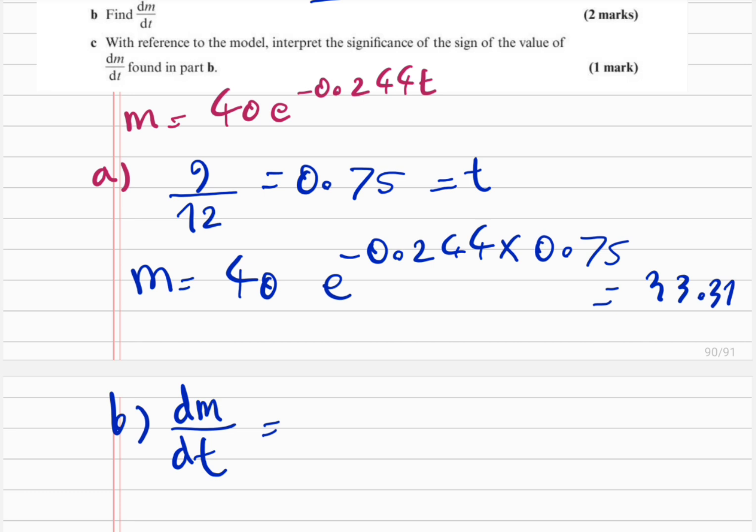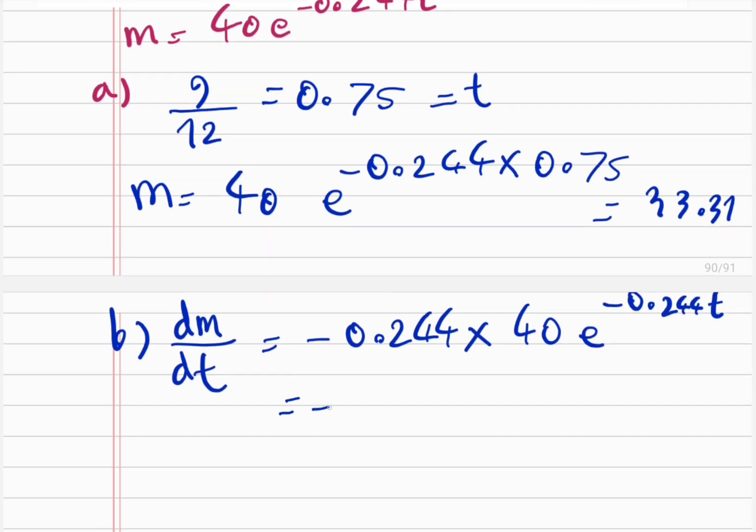The derivative of the power is simply minus 0.244, so that comes down as minus 0.244 times 40, because we had 40 from the beginning, and then times the e again, which is e to the power of minus 0.244 t. And this is equal to minus 9.76 e to the power of minus 0.244 t. So that's the derivative.